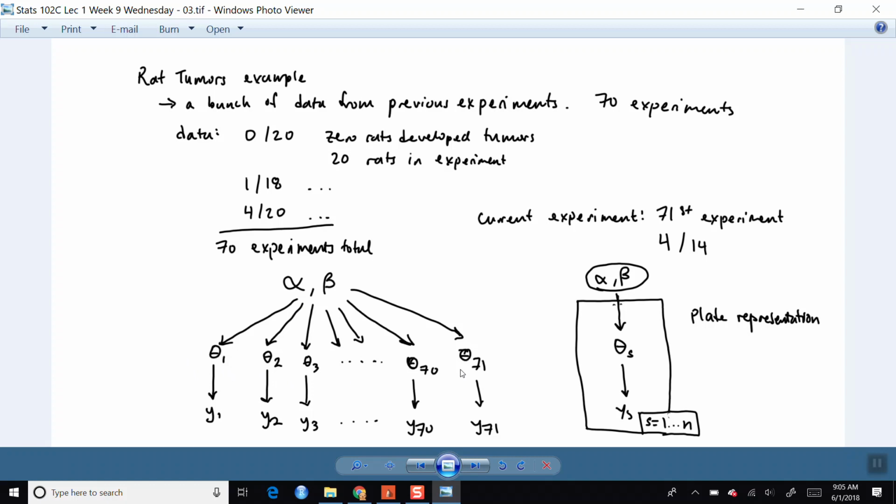We don't get to see it, but by seeing how often they actually hit the ball, we can get at that value. Same thing with the rat tumors. We're saying there's some universal distribution that says in this experiment this proportion of rats will develop tumors, and any individual experiment is going to be determined by those things.